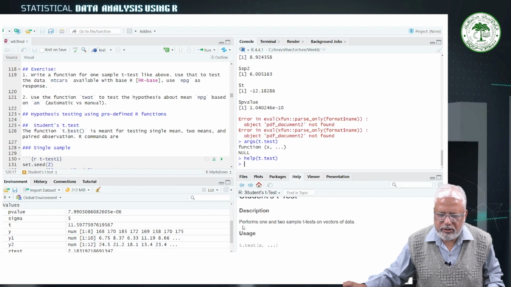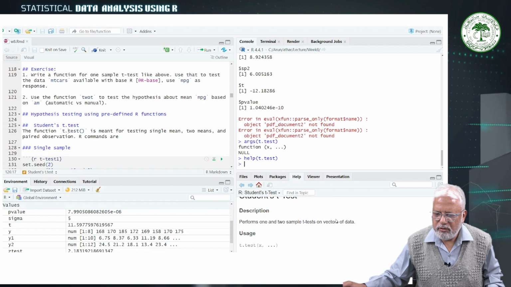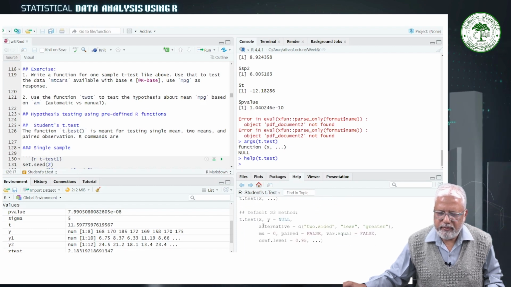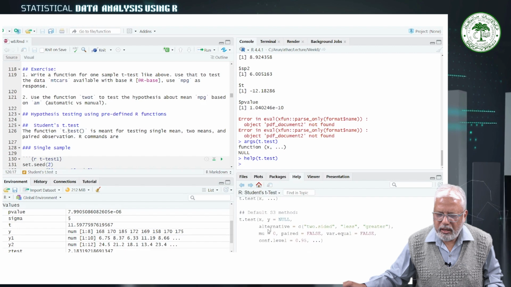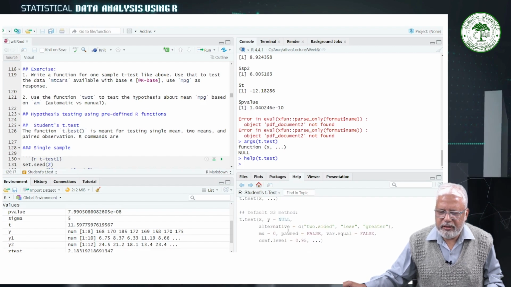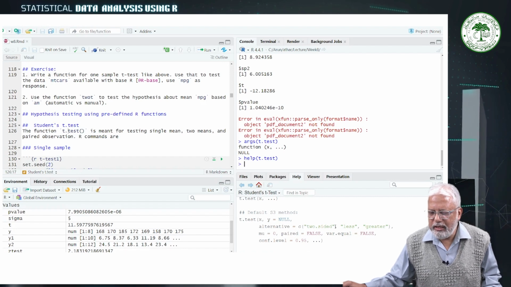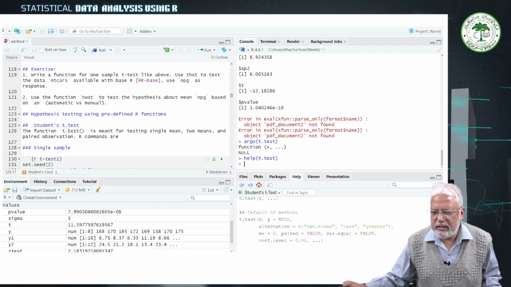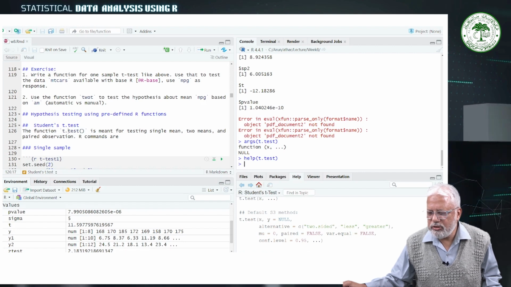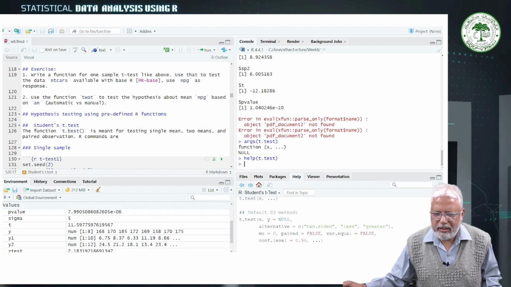Student's t-test description: performs one and two sample t-tests on a vector of observations. So here t.test(x, y, alternative...), see, two-sided. By default it is a two-sided alternative. If we want mu less than mu naught, then it is less. If mu is greater than mu naught, then it is greater. It depends upon the hypothesized value.